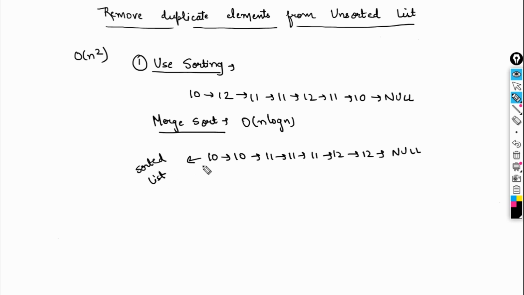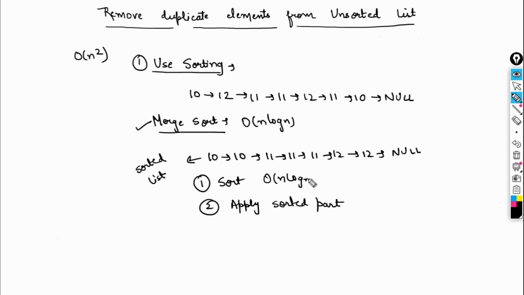So the first step is to sort it, and the second step is to apply the same concept that we discussed when removing duplicate elements from a sorted linked list. We know that merge sort gives the best time complexity, which is O(n log n).